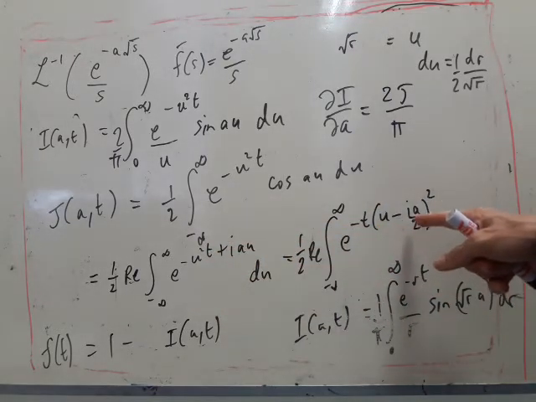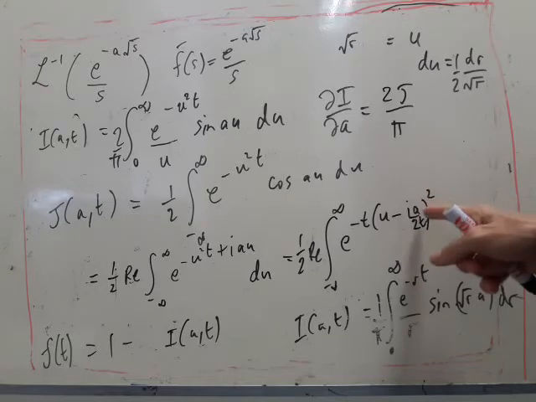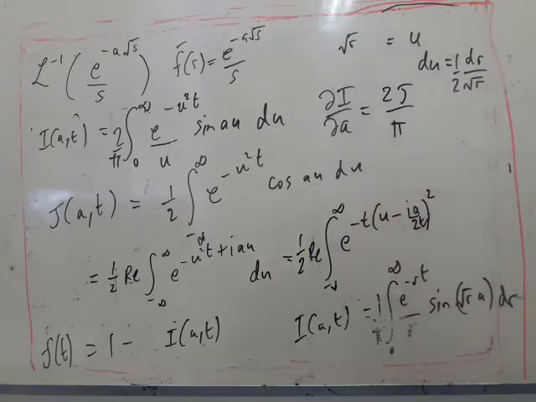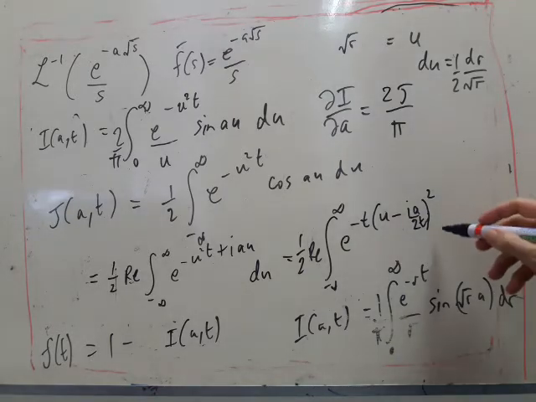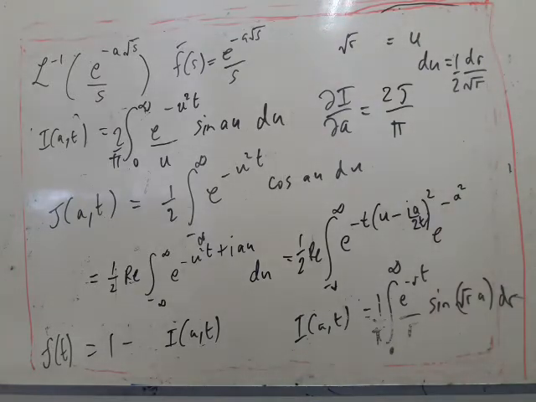So if I expand this, because of the minus sign, I'll get a minus this thing squared, a over 2 squared, 2t squared, and then I've got a minus t multiplying that. So minus minus makes plus, which means I need to compensate by adding a minus, and it's going to be a squared over 4t squared times t, so it's just a squared over 4t.